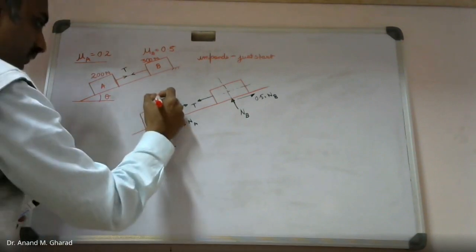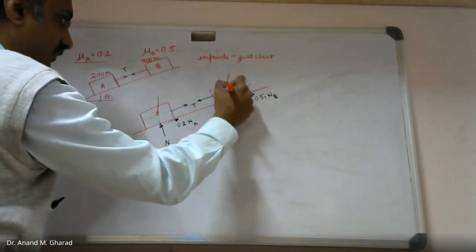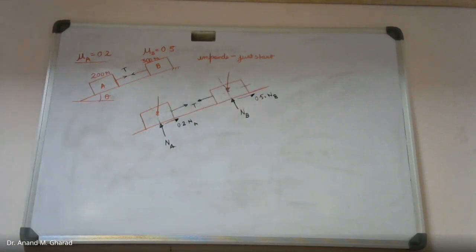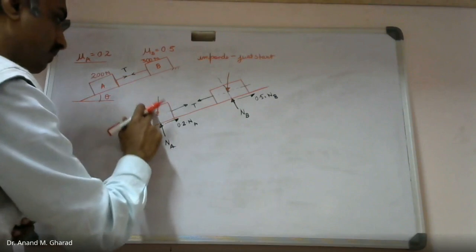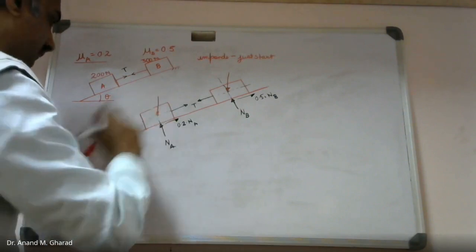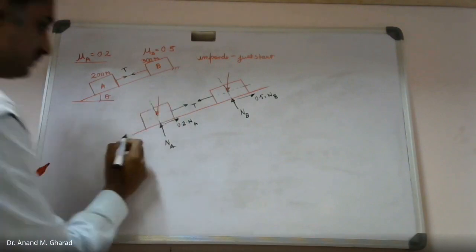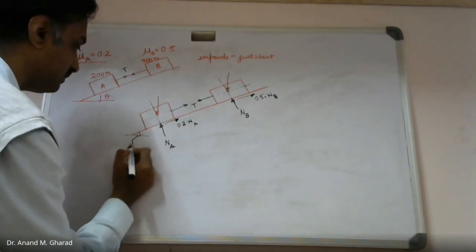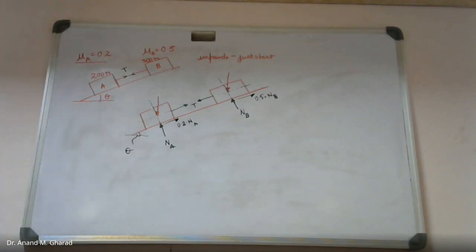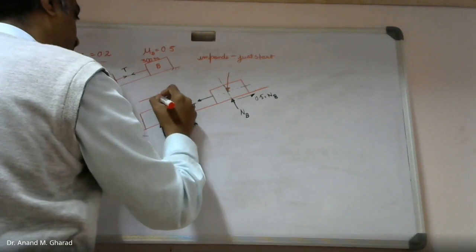This is 200 Newton. This is 300. Now with respect to these axes, the weights are inclined. This is theta. This is what you need to identify. This is 200.